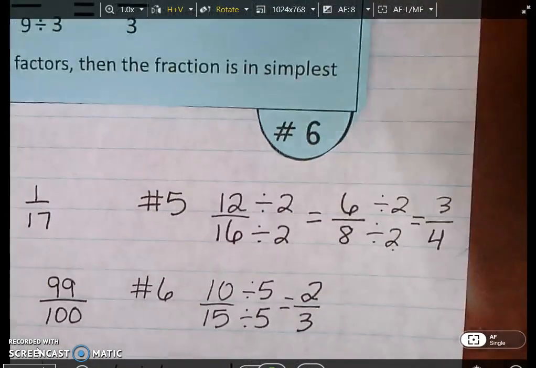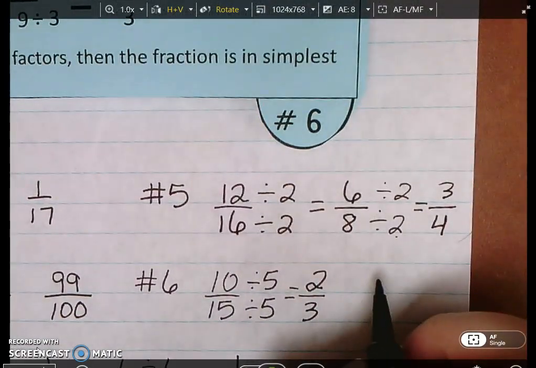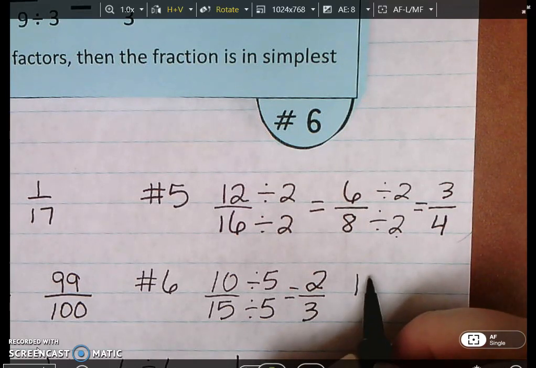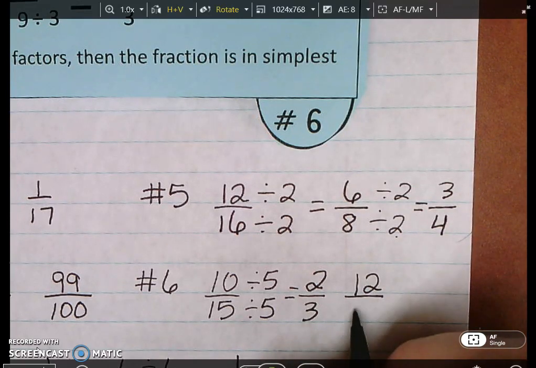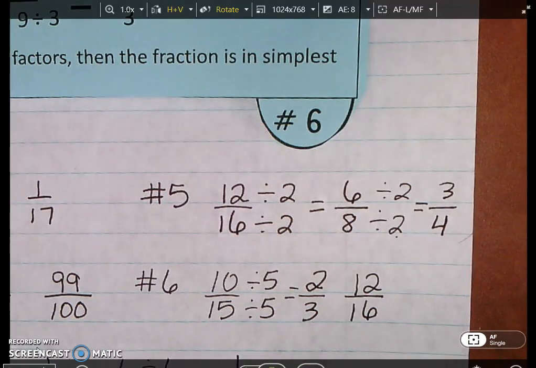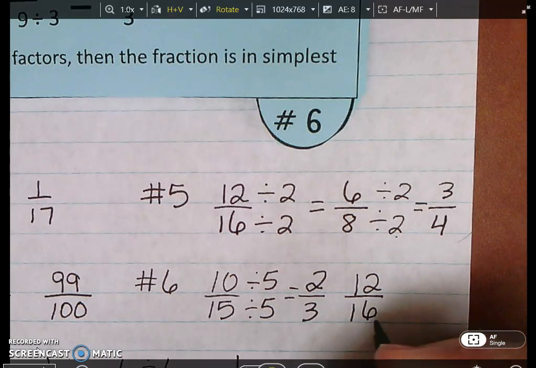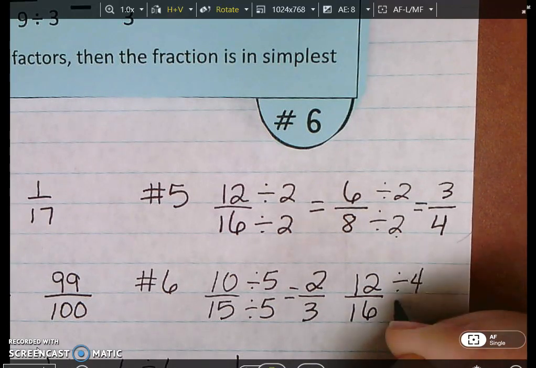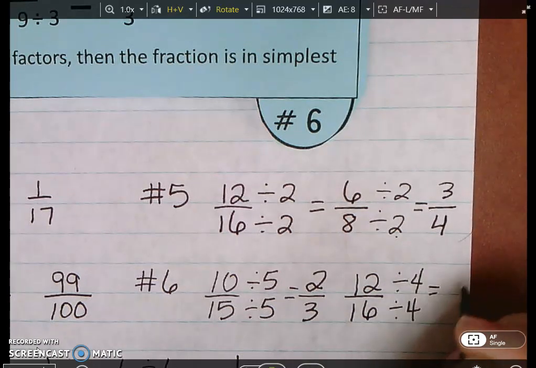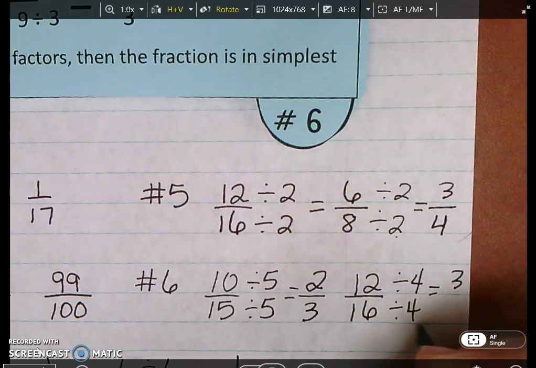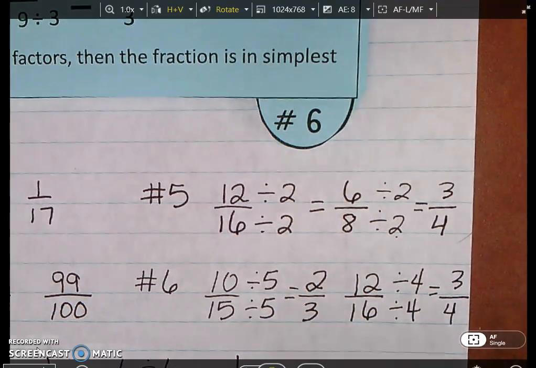Another common factor example would be if I had 12/16. I know that 4 is a common factor of both of these, so I could divide by 4. 12 divided by 4 is 3. 16 divided by 4 is 4. So my simplified version would be 3/4.